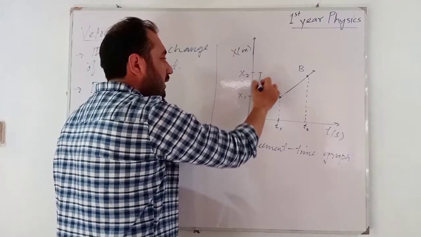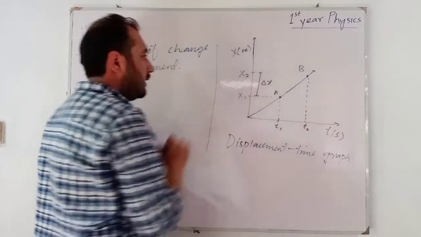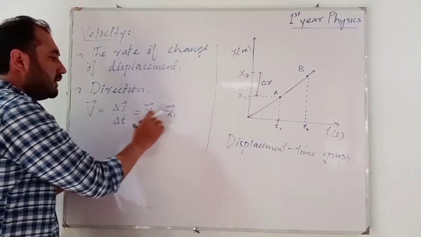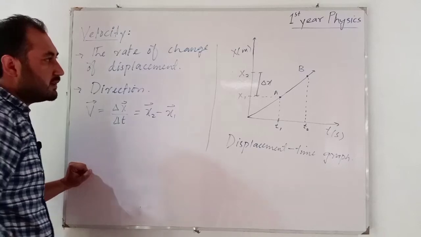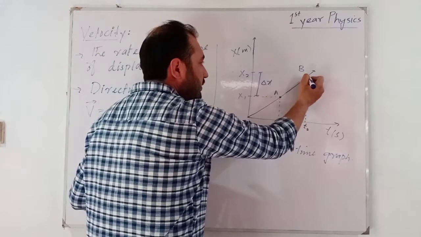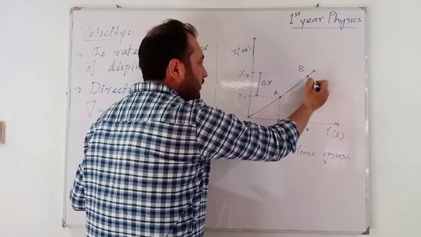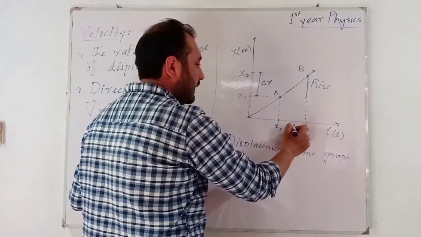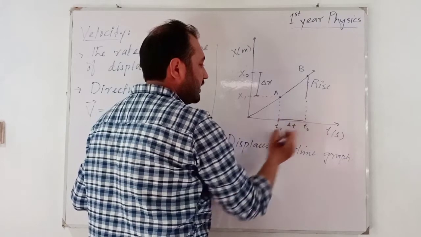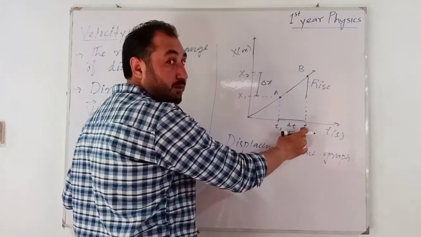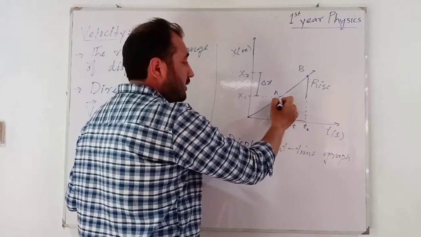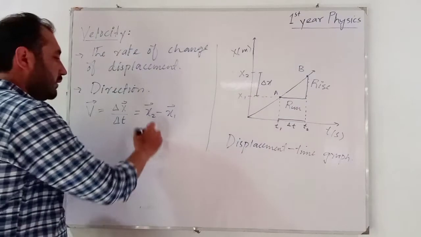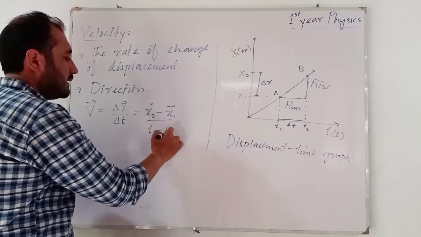This is what we call delta x. As displacements are vector quantities, this gives us this portion of the graph, which we call the rise, right? In order to find delta t, the change in time, we have to subtract t1 from t2. This will give us the run. So divide by t2 minus t1.